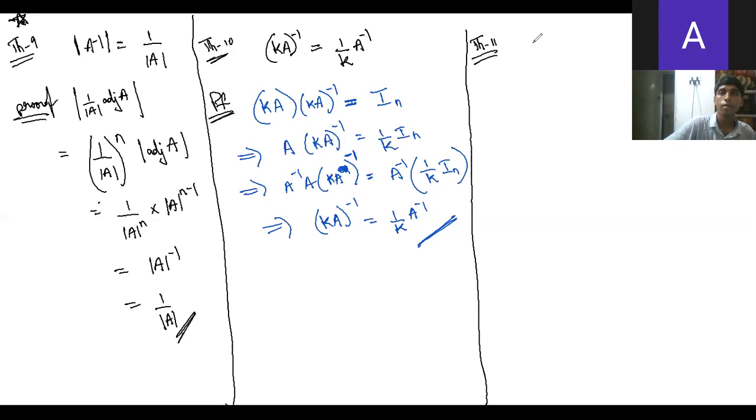Theorem 11. Adjoint of A power K is equal to adjoint of A whole power K. How do you prove this?